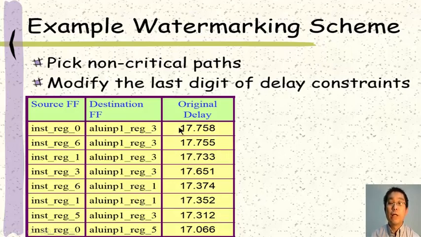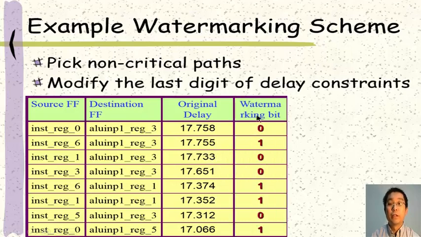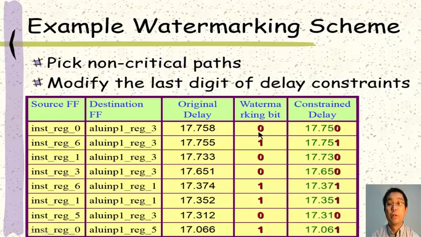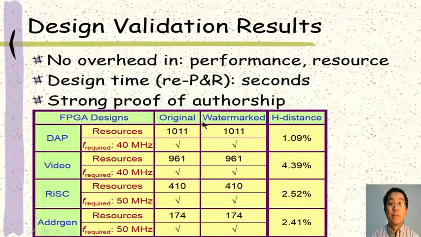So for us to embed watermark, what we do is we try to modify the last digit of these delay constraints. For example, if these are the watermarking bits we want to embed into the FPGA design, what we do is we replace the last bit by the watermarking bit to obtain a constrained delay profile. And then we use this as the additional constraint to the original problem, trying to do the place and route again.